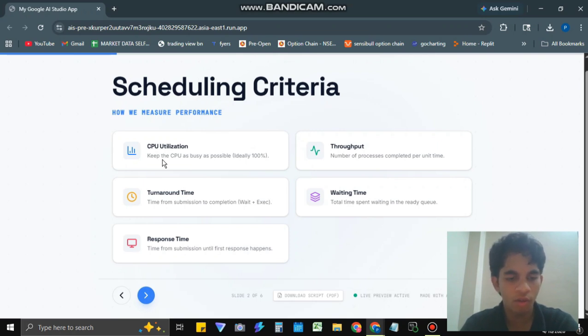That's called turnaround time. Then comes waiting time, which carries major weightage in scheduling criteria metrics. It means how long a process is just sitting in the line doing nothing. Then comes response time. From the name itself, it means how fast we get the first feedback.